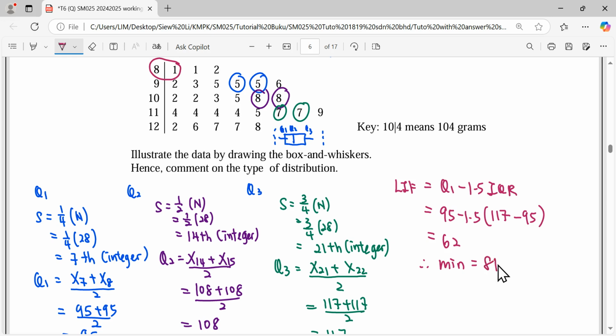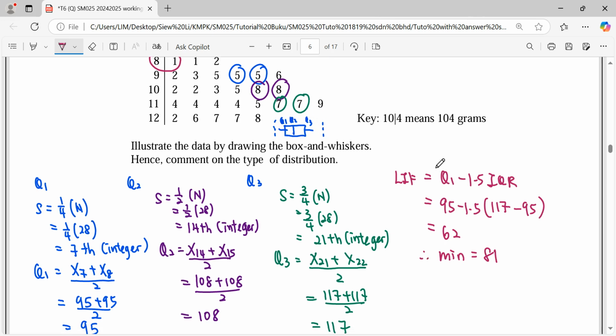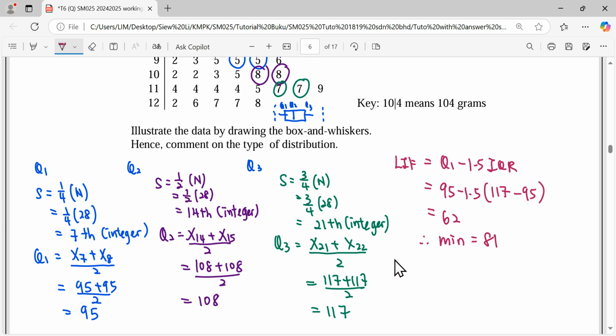So your whisker, minimum and maximum, must be within the fence. Then we continue with the upper inner fence, which is Q3 plus 1.5 IQR. You can see the upper inner fence is after Q3. So Q3 plus 1.5 IQR, we get 150.